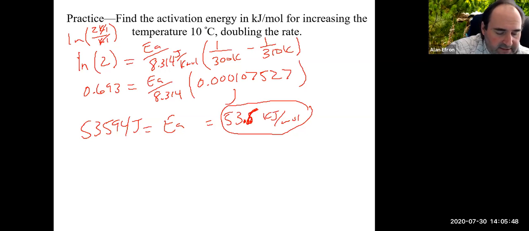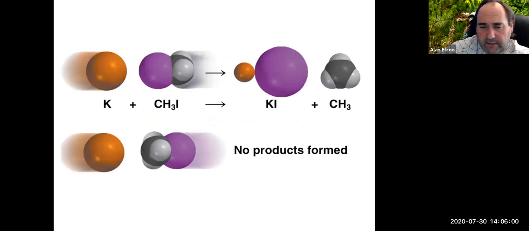Okay, so we're going to finish up talking about mechanisms and how reactions possibly could take place. So just a reminder that when we talk about a reaction, there are really two things that have to occur.